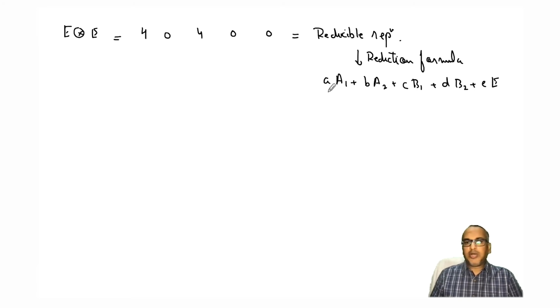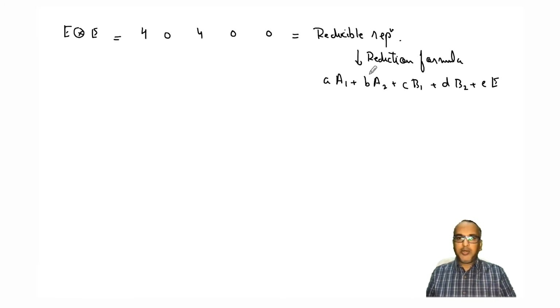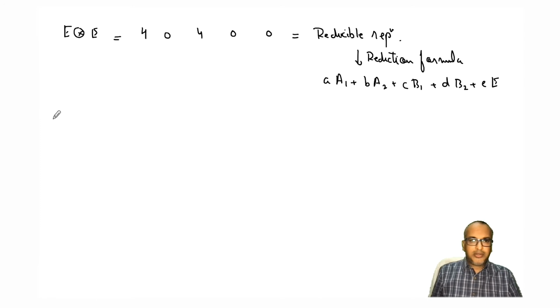Of course, you have to calculate these coefficients A, B, C, D, E. Some of them will be 0, some of them will be some other integral numbers, but it will give rise to a combination of A1, A2, B1, B2 and E. So that can be easily done. That we have seen in the last tutorial also, how to do that, and we have learned in lectures. Okay. So that is fourth.